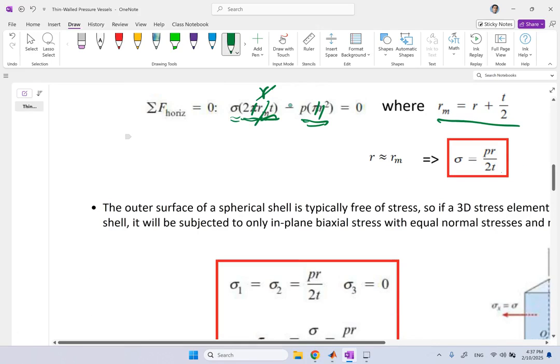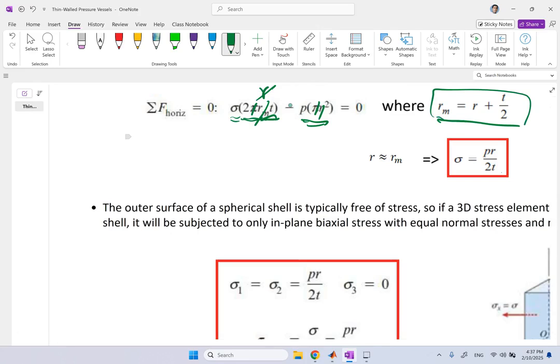If it was not thin-walled, then you could not do it. You still have to use this relation, and in that case, sigma will be basically pi times r squared divided by 2 times r plus t over 2 times basically t.